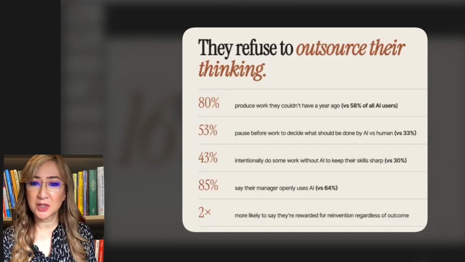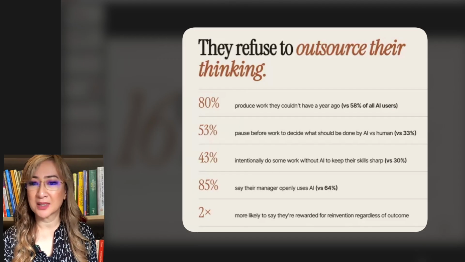That's probably about right, because I don't automatically go straight to my AI models or tools when I'm trying to start any task. I probably write down some of my own ideas, brainstorm a little bit, and then there are sections of a particular task that I might employ an AI model. So about half the group is doing that. 43% intentionally do some work with their AI to keep their skills sharp.